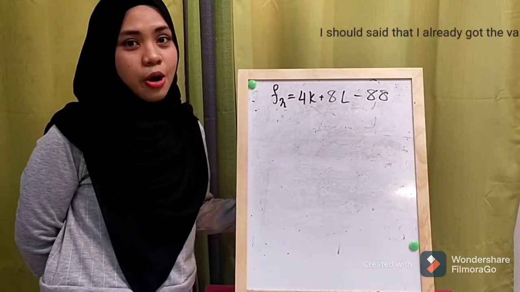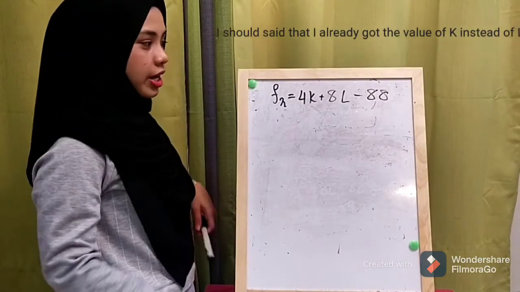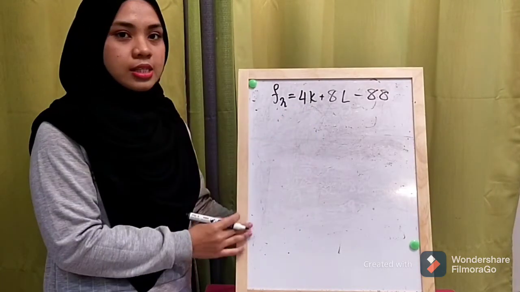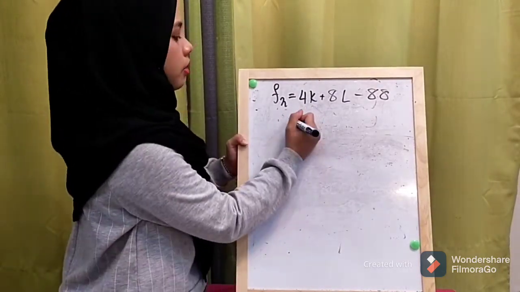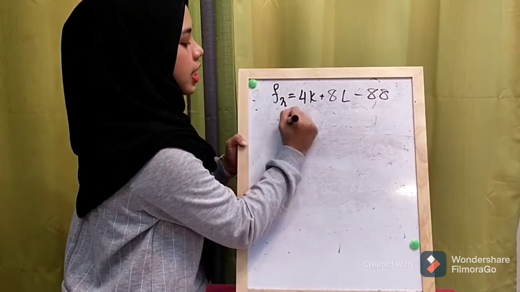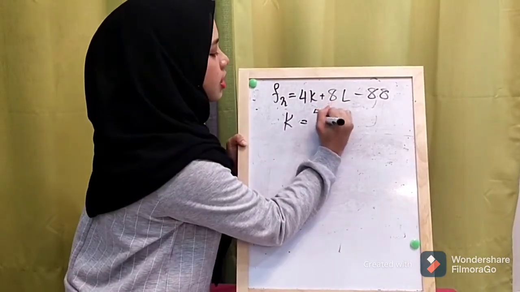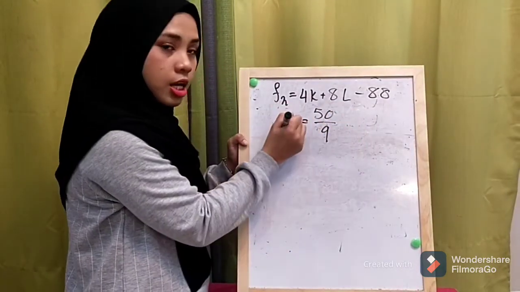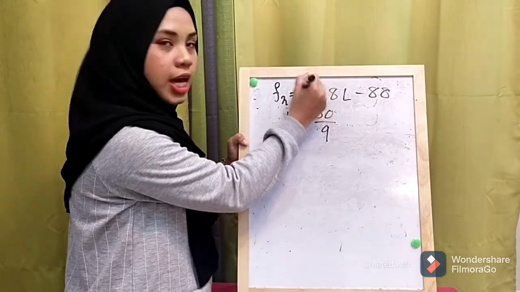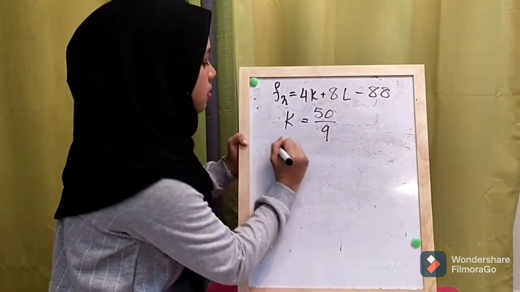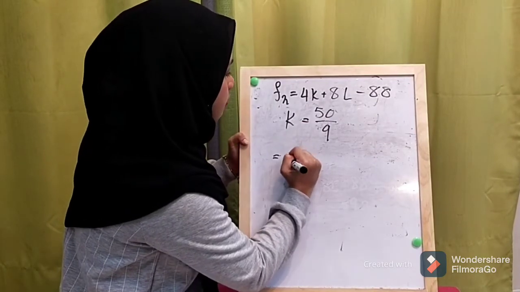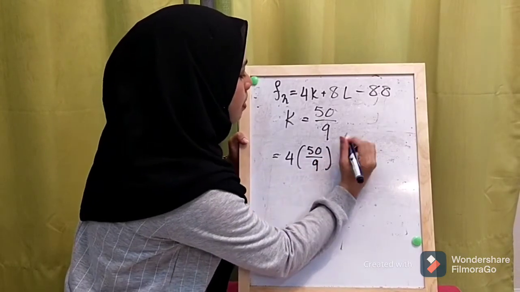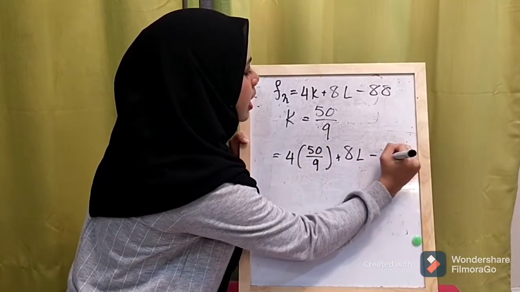Just now I already got the value of K, and right now I'm going to find the value of L. It's the same steps just like before. So K is 50 divided by 9. This is the value of K, and we will substitute it into the K up here. It will be 4 multiplied by 50 over 9 plus 8L minus 88.